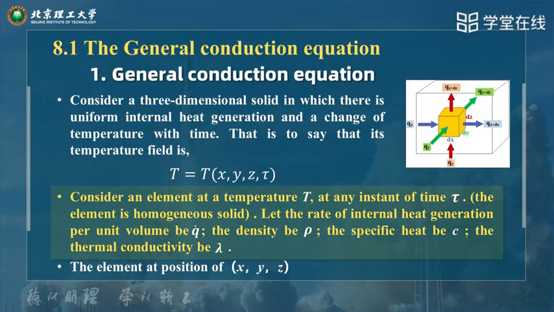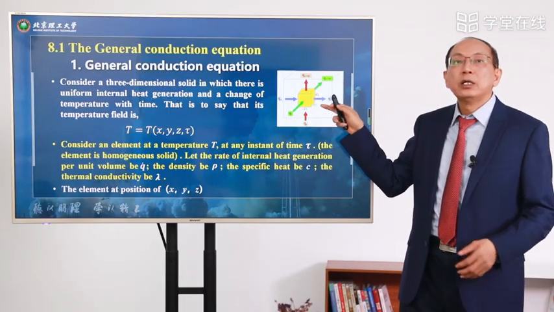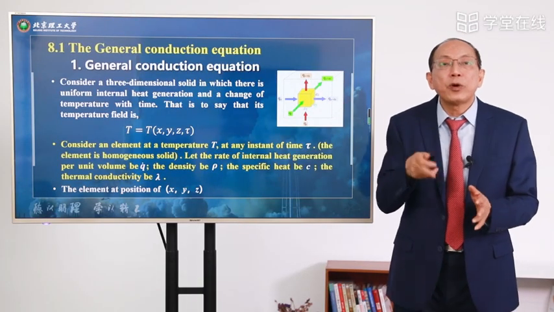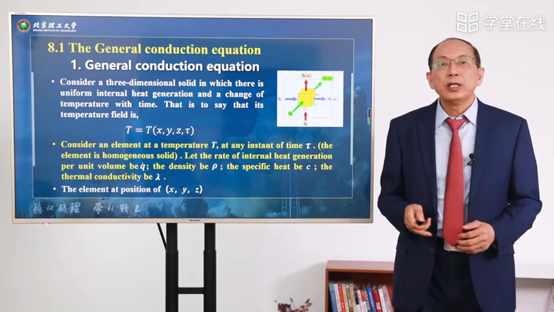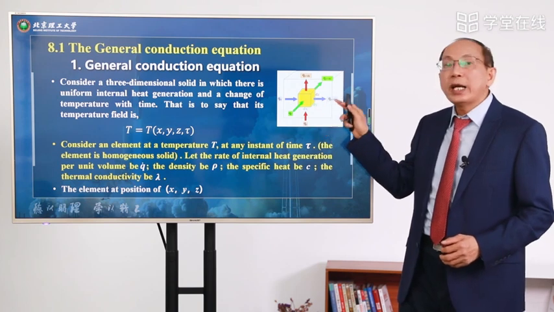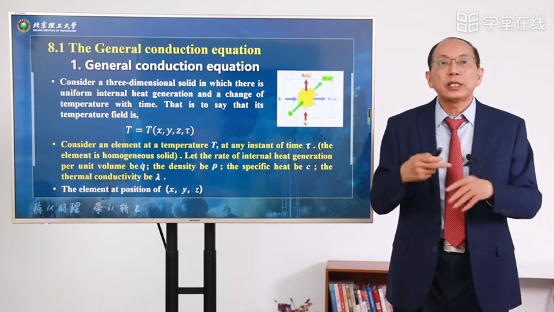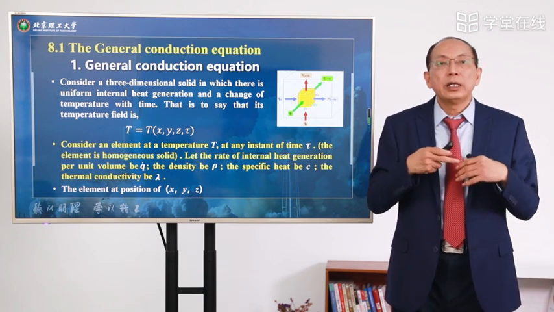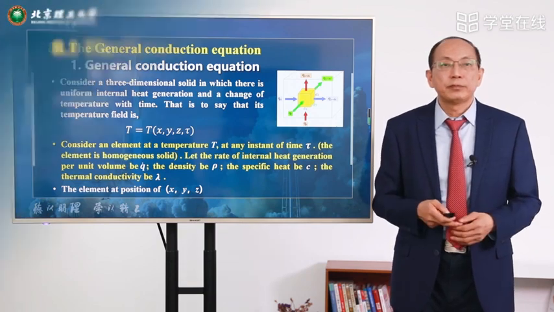Here, consider an element at a temperature T at any instant of time. For example, we select an element in a body like this. The position is x, y, z. The time is tau, at any instant of time.